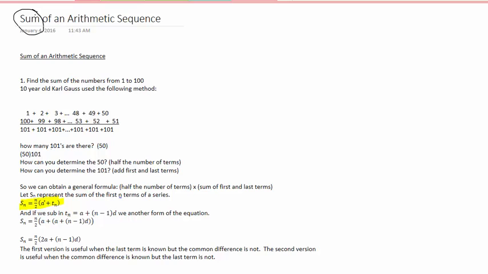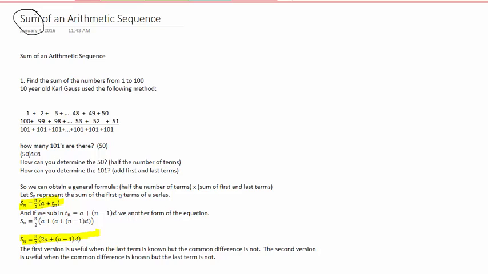That's why we have a being the initial term and t at n being the last term, for example term 100. S at n represents the sum of the first n terms of the series. This formula is great and helps us out as long as we know how many terms, the first term and the last term. But we can come up with another formula that's also going to be very helpful for when we don't know the last term.